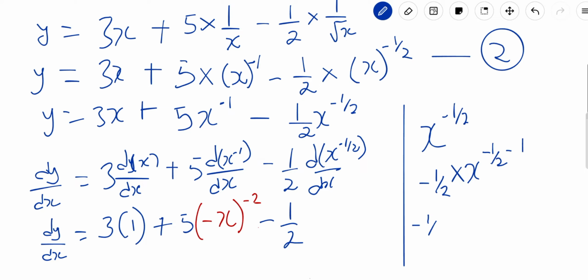And that's going to be negative 1 over 2 x to the power of negative 1 over 2 minus 1, which gives me negative 3 over 2. I'm going to have x to the power of negative 3 over 2. That's going to be negative.